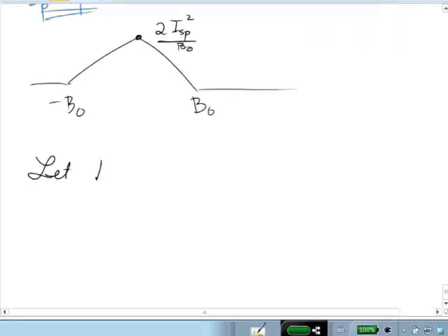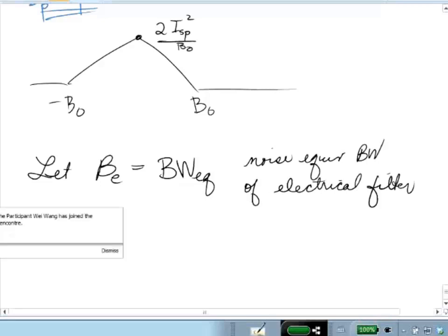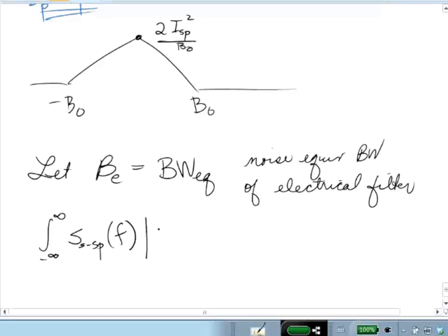So let's start by letting BE be what I called earlier the noise equivalent bandwidth of the electrical filter. Clearly for the signal spontaneous noise, the noise variance becomes the integral of the signal spontaneous power spectral density times the modulus squared of the frequency response of the electrical filter.